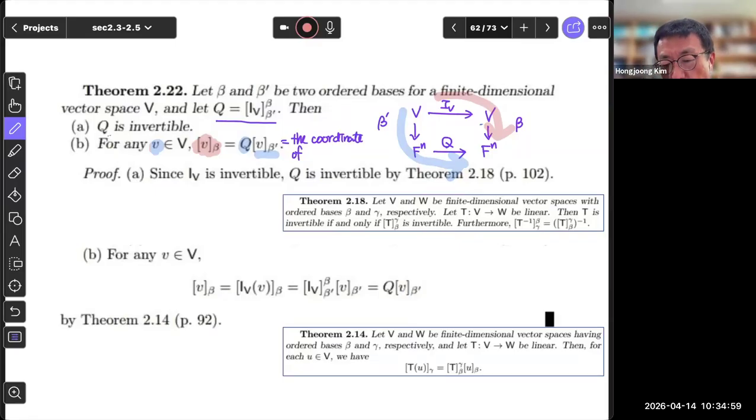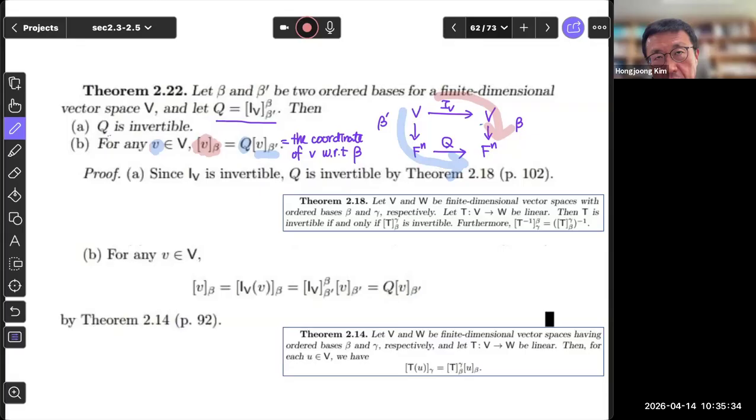The image of vector V will be V itself, but in the codomain we are using beta as a basis. So the coordinate of V with respect to beta, okay? Both are representing this, the coordinate in the codomain, right?